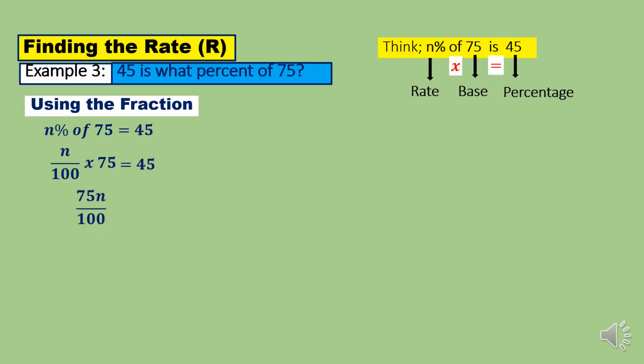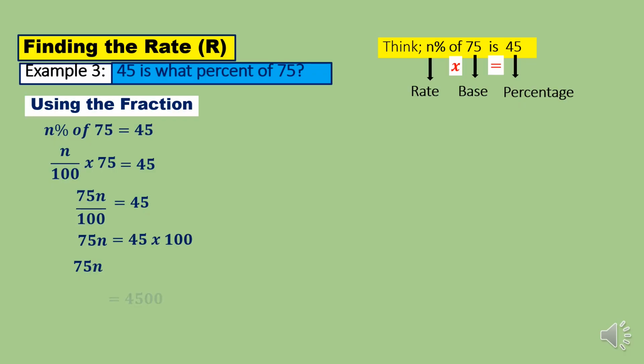N times 75 over 100 equals 75n over 100 equals 45. Then 75n equals 45 times 100. Yung 100 na denominator na i-transfer natin sa kabilang side at ito ay naging multiplication instead na division.